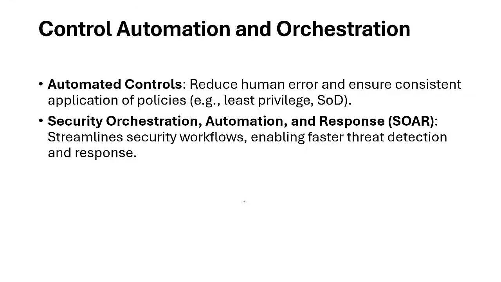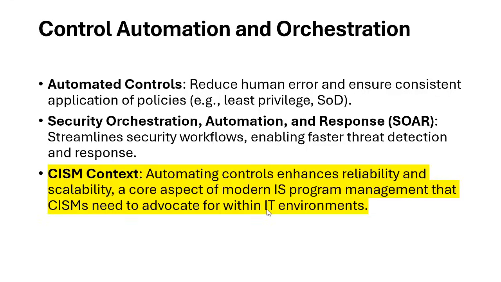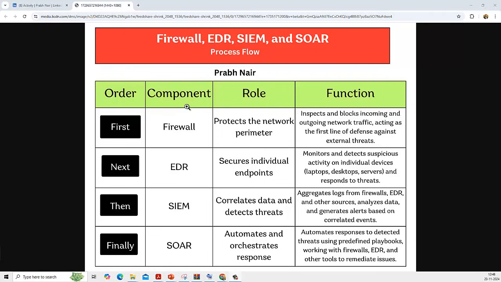So as a CISM context, what we need to understand here is that automation controls enhance reliability and scalability, a core aspect of program management. So I want to show you something. Just give me a second. If you can see the scenario, the firewall protects the network perimeter. It inspects and blocks incoming and outgoing network traffic.